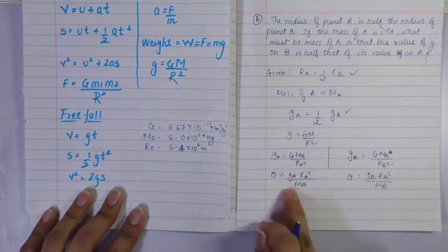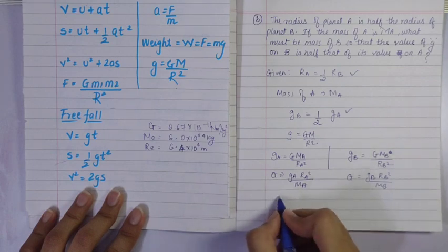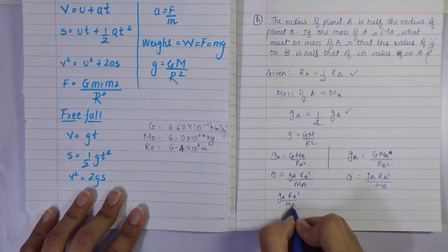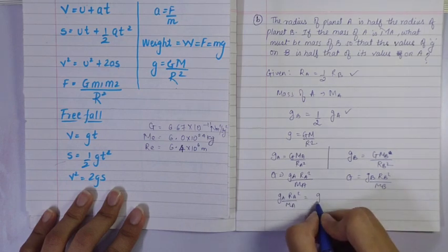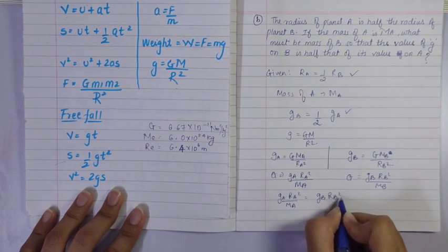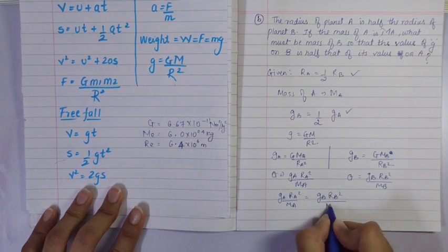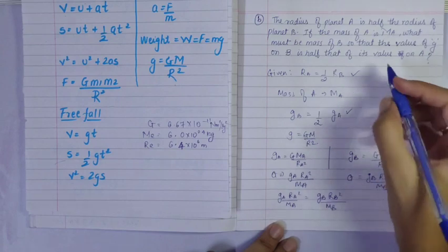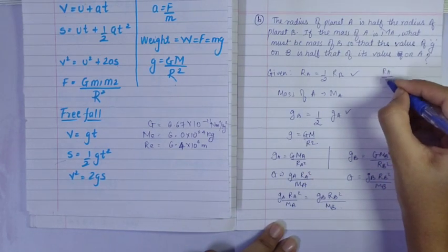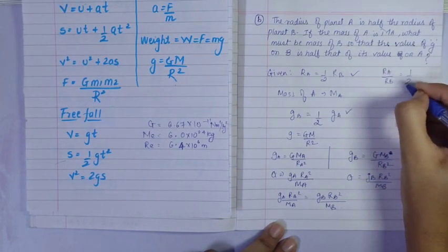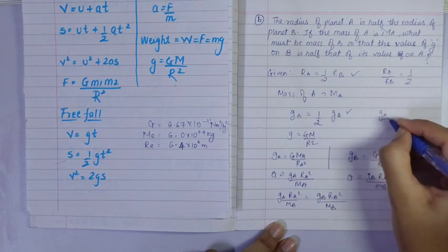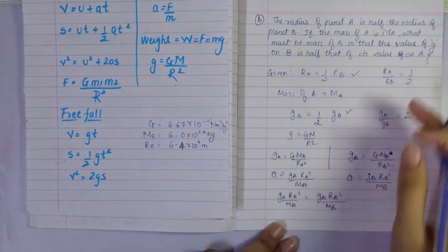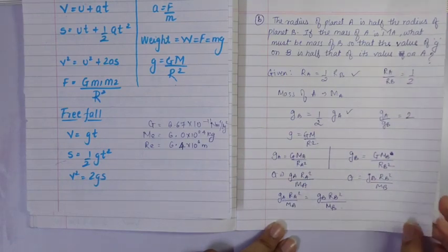Now we'll equate these two. After equating, what will happen? gA RA square upon MA is equal to gB RB square upon MB. Now you know the ratios of these. RA upon RB is equal to 1 by 2, and gA upon gB is 2. So these are the two ratios you already know.